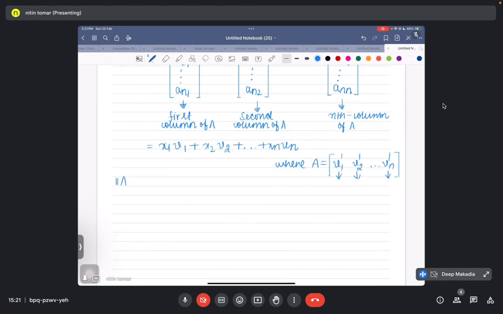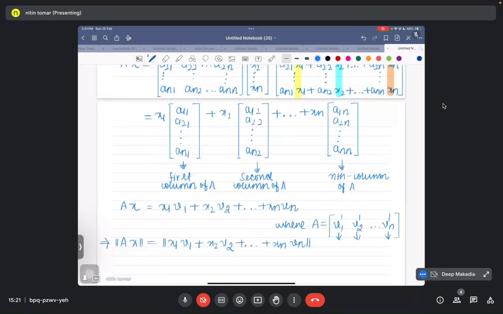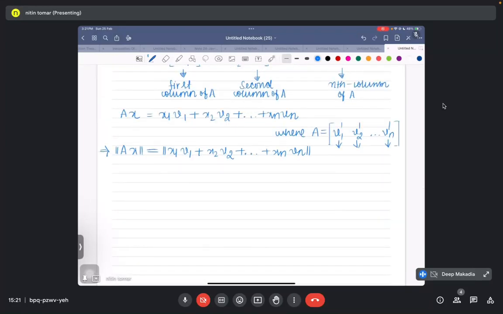Now you apply the norm of Ax. It should be the norm of x1 v1 plus x2 v2 plus this thing, right? Because this is nothing but Ax. Now can you apply the triangle inequality here? Norm follows the triangle inequality, right? So it will be at most norm x1 v1 plus norm x2 v2 up to norm xn vn.